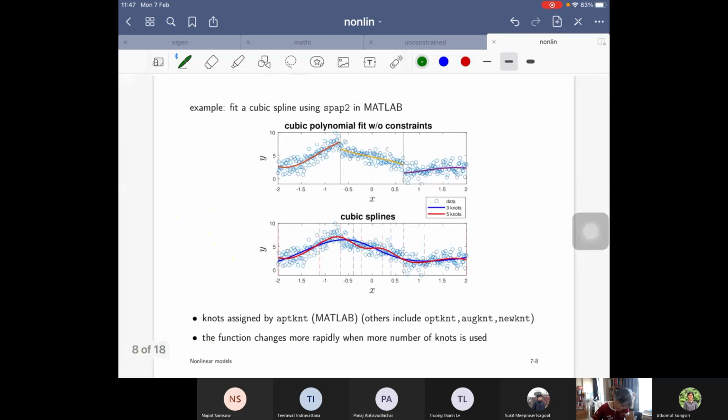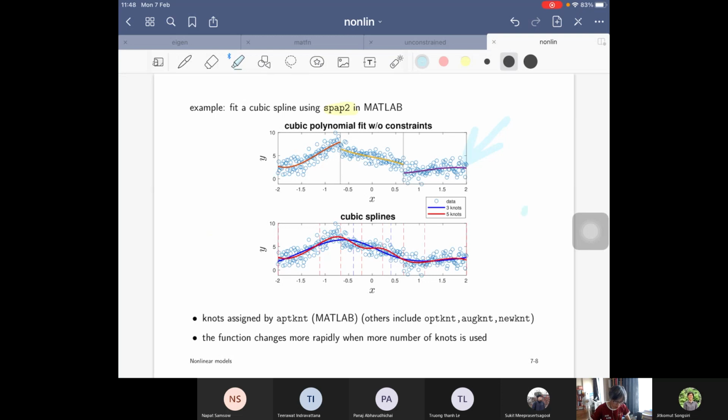Here I try some commands in MATLAB. I fit a cubic spline using this command, which is solved by linear least squares approximation. On the top row, this is a cubic polynomial fit without constraints, like continuity in the polynomial or in the derivatives.